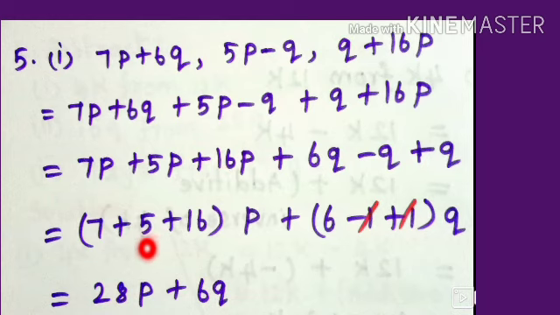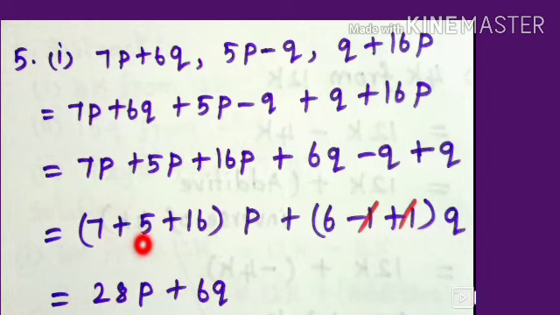So, in the next step, we have to add all the coefficients of p. That is 7 plus 5 plus 16p. Now, the coefficients of q are, here it is 6 and here it is minus 1 and here it is plus 1. And in the next step, we have to add all these coefficient values.